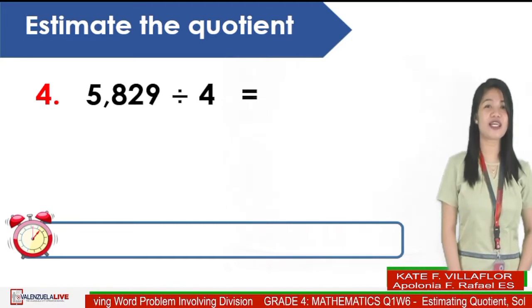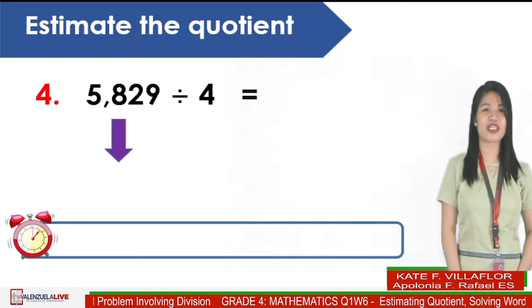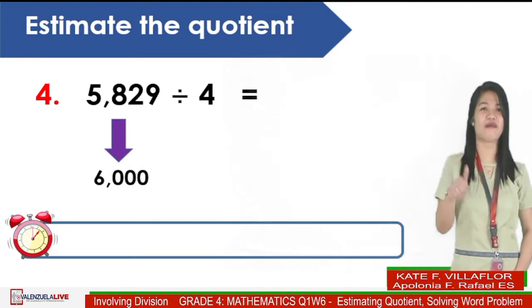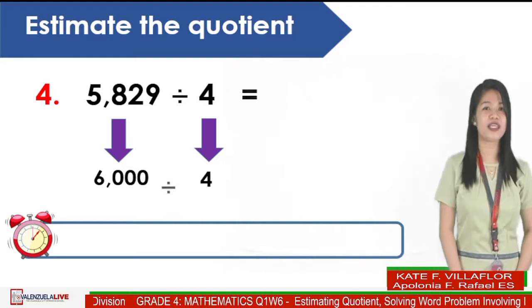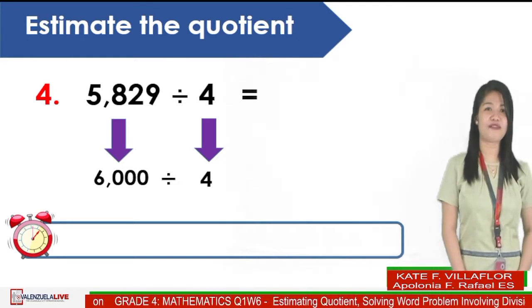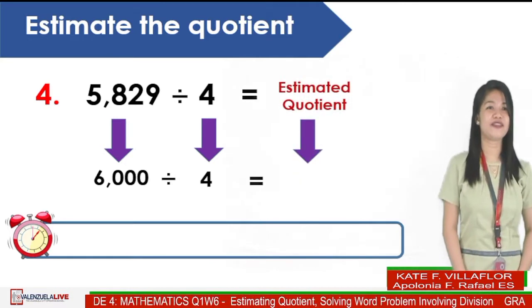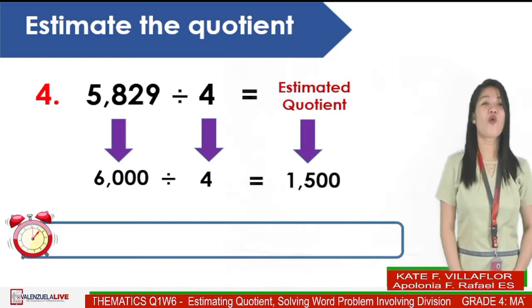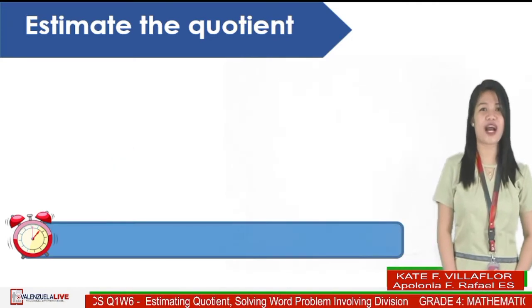First thing to do is to round up the dividend. 5,829. If we round up, the answer is 6,000. Great job. And then copy the divisor 4. Then 6,000 divided by 4. What is the estimated quotient? Okay, very good. The answer is 1,500.